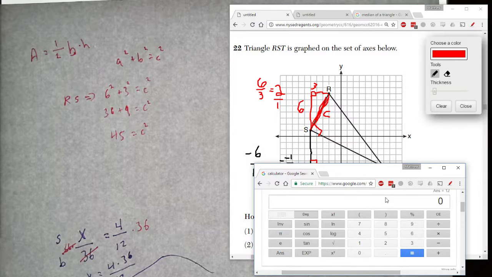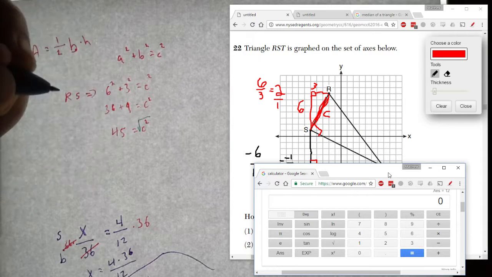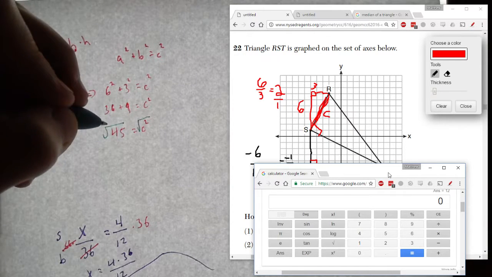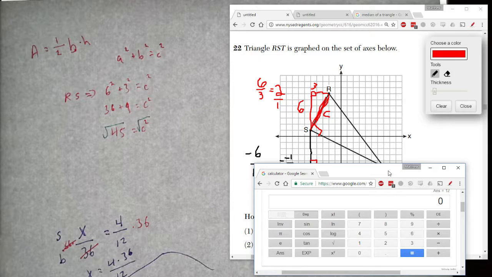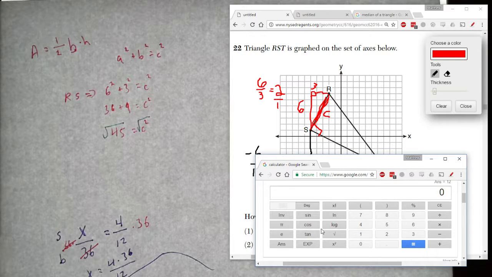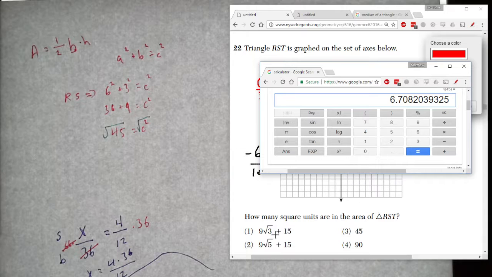Let's pull out the calculator, because now I want the square root of 45. Shame it's not 49. It's going to be a little less than 7. The square root of 45 is 6.7, but there are no decimals over here.